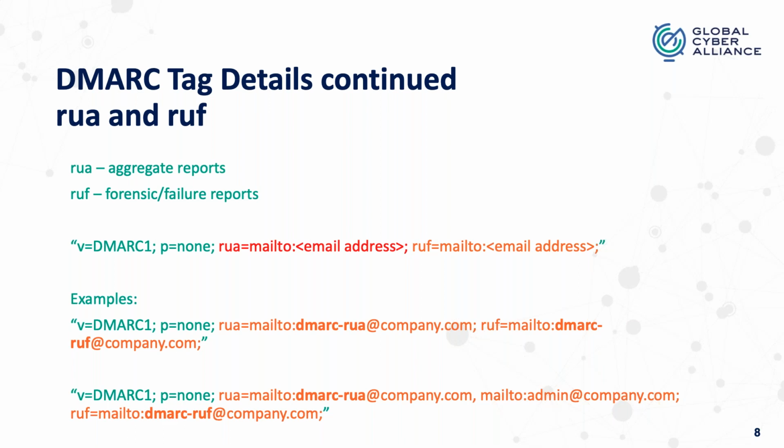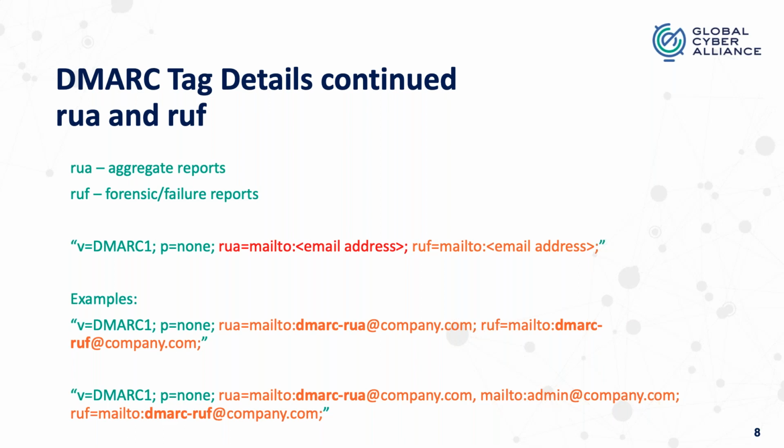You can add multiple email addresses as well. If you're going to add multiple email addresses, you separate those with a comma, not a semicolon. In the DMARC policy, the tags are separated by a semicolon, but for additional addresses, like in this case RUA, you use a comma.